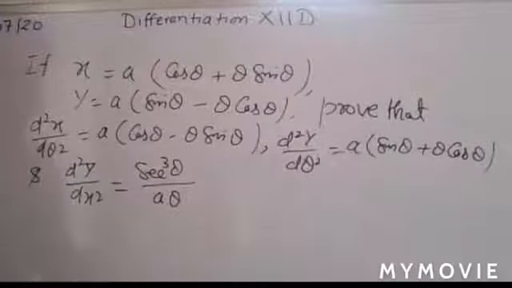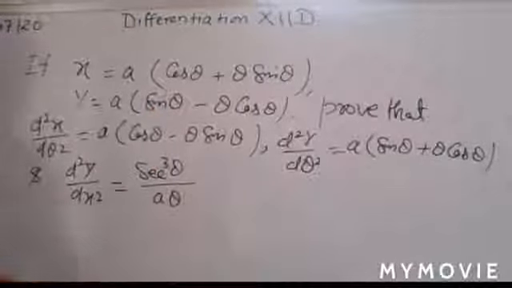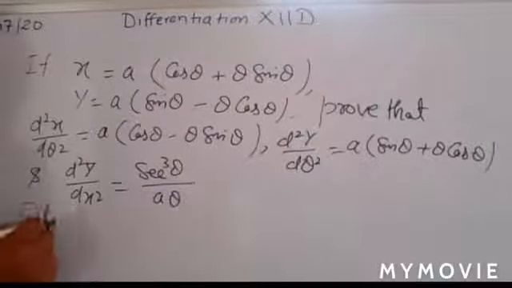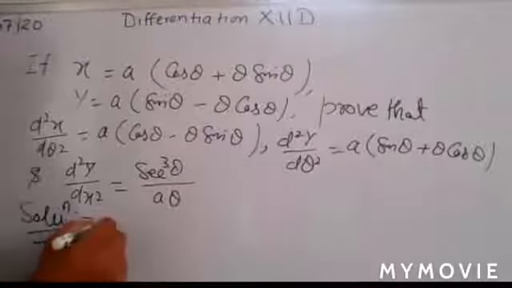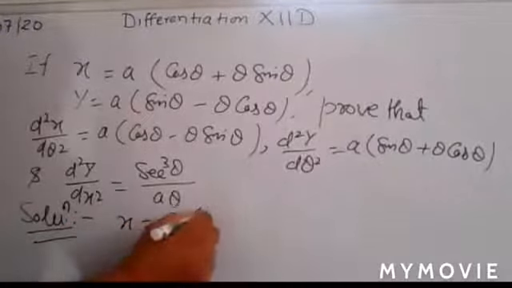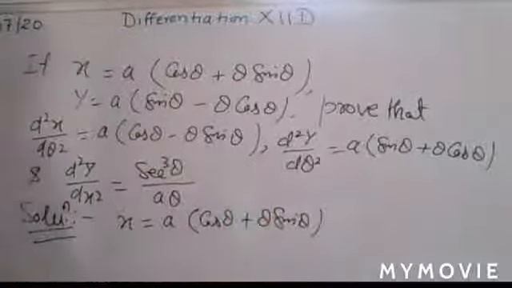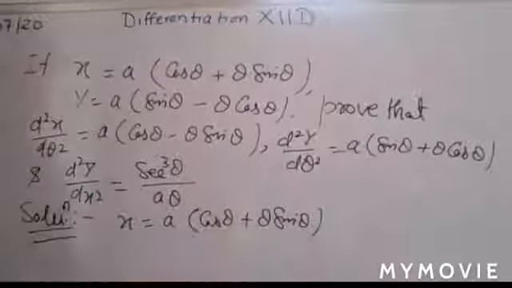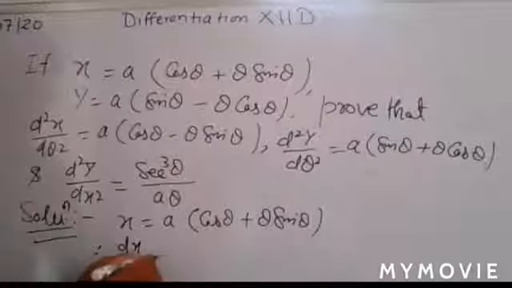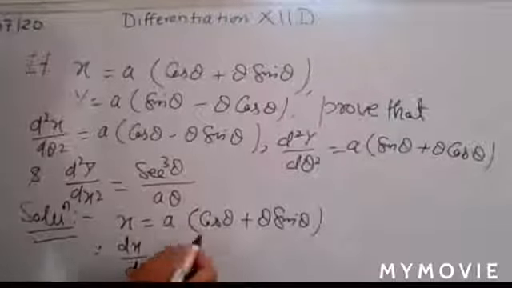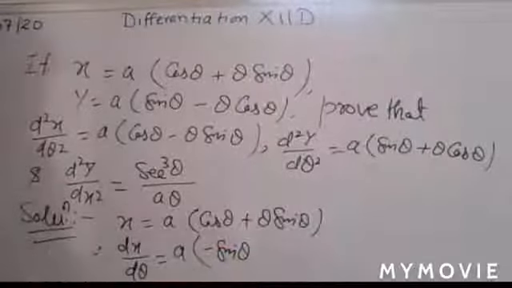Getting it, everyone? Okay. So you differentiate x and y with respect to theta. First of all, write your given equation: x is equal to a into cos theta plus theta into sine theta. Understand? Now differentiate it with respect to theta. So dx upon d theta is equal to a into the differentiation of cos theta, which is minus sine theta.